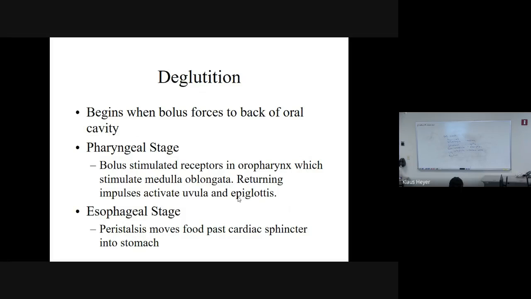That's your brain making that happen. And then once the food gets past all that and gets into your esophagus and stomach, now we have the esophageal stage. So we're going to contract the muscles in your esophagus to get that food down to the stomach.